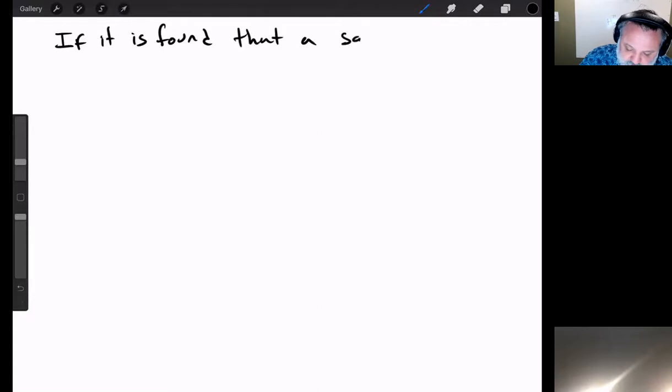Let's think. If it is found that a sample of, let's come up with something. How about xenon tetrafluoride? There's a good one.